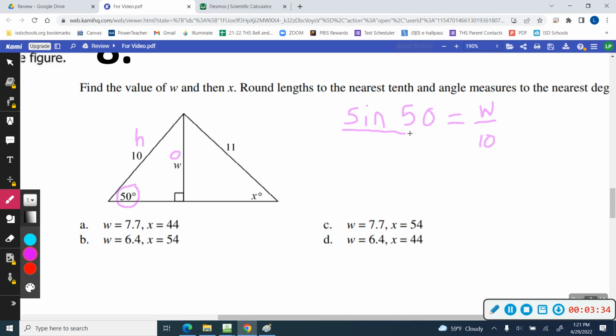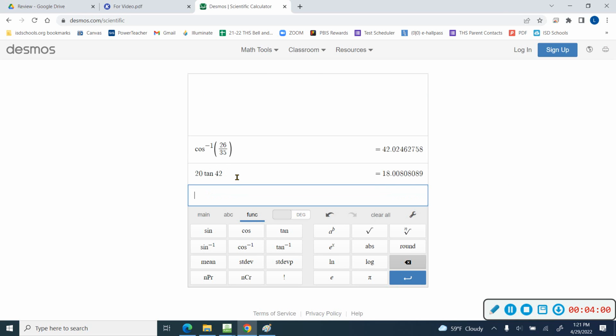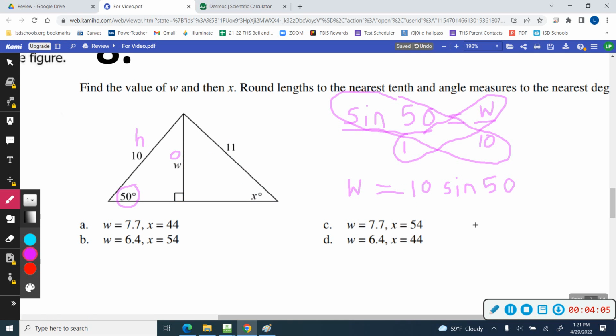We put this over 1. Cross multiply, we get 1 times W. That's W. And then we take 10 times sine of 50. And all I got to do is type in 10 times the sine of 50, and that'll tell me W. And that is 7.66, rounded to the nearest tenth would be 7.7.